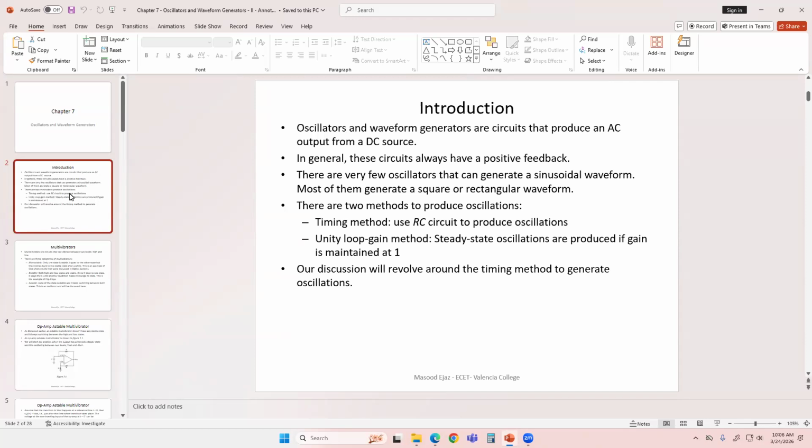But if you want a sinusoidal waveform, who's going to tell me how we can get a sinusoidal waveform from an oscillator that is producing a square waveform? Say it again. Okay, so an integrator, if you integrate the square wave, is going to produce a triangular waveform, not a sinusoidal waveform.